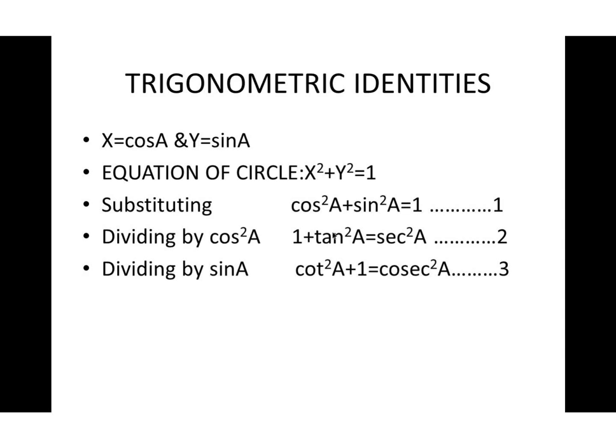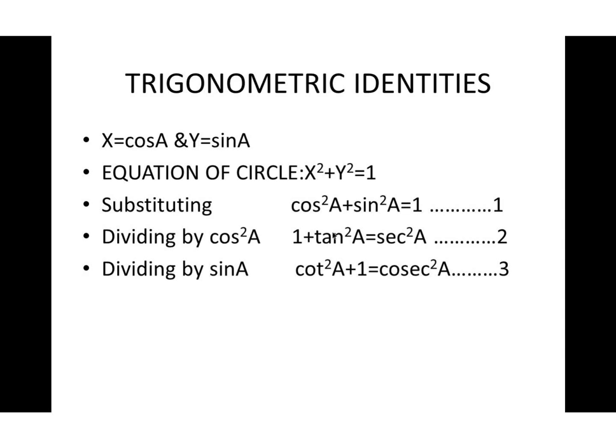Now trigonometric identities can be obtained with the help of the standard unit circle. The x coordinate is cos A and the y coordinate is sin A, and the equation of the standard unit circle, as I told, is x square plus y square is equal to 1. Substitute the values of x and y, we get cos square A plus sin square A is equal to 1, and this is the first of 3 trigonometric identities.